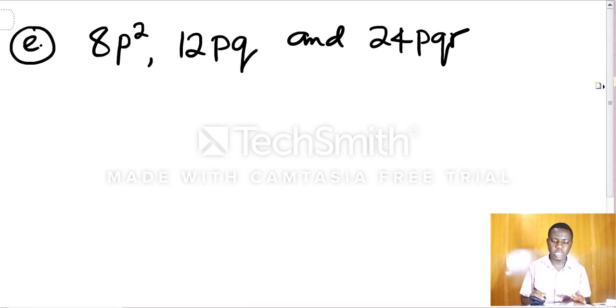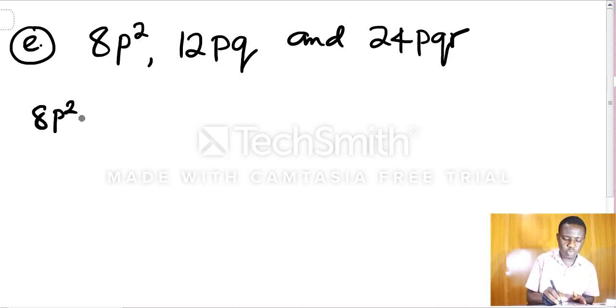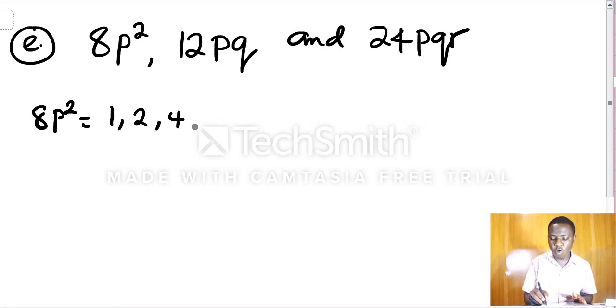Also, 8p squared, 12pq, and 24pqr. The factors of 8p squared will include 1, 2, 4, 8, p, and p squared.